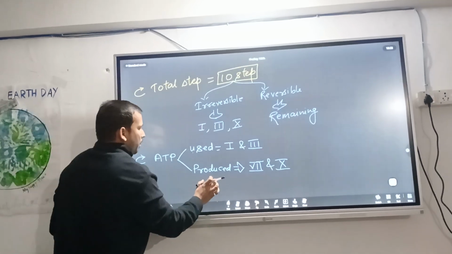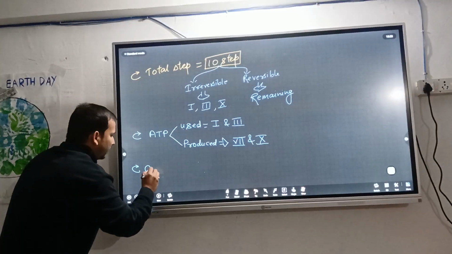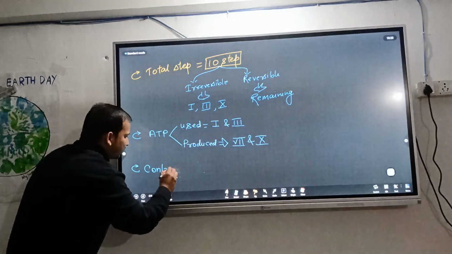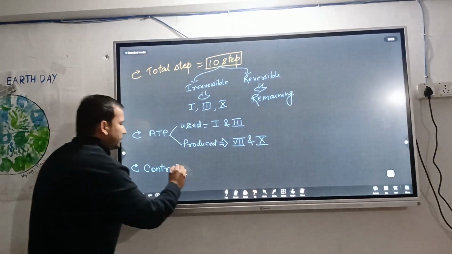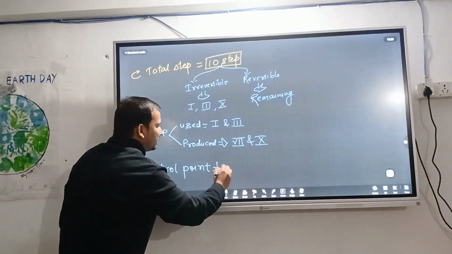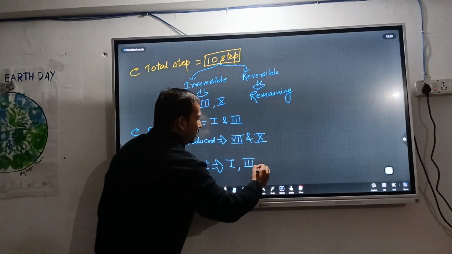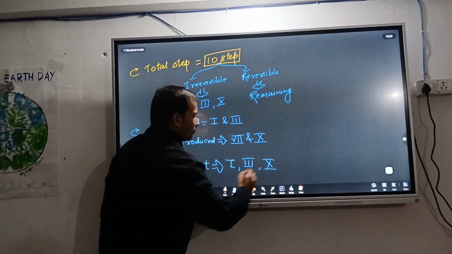Student, also if I tell, there are control points in this reaction in glycolysis. So which steps are called control points? First step, third step, and step 10.